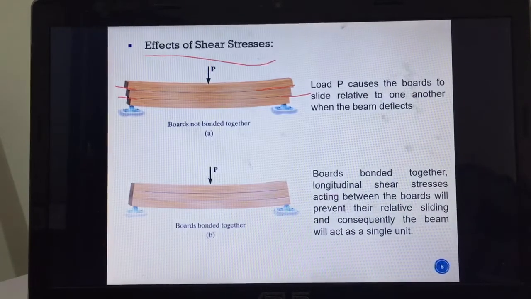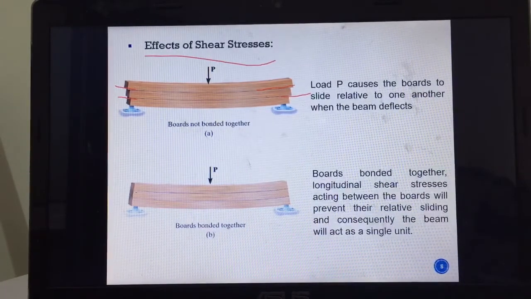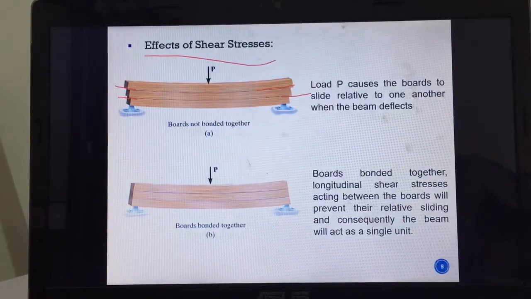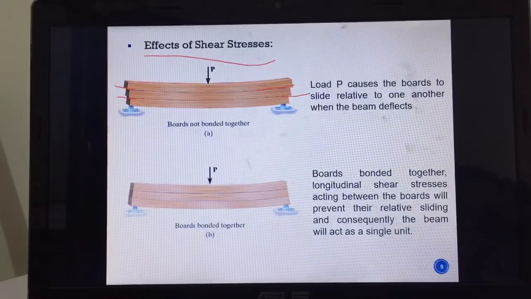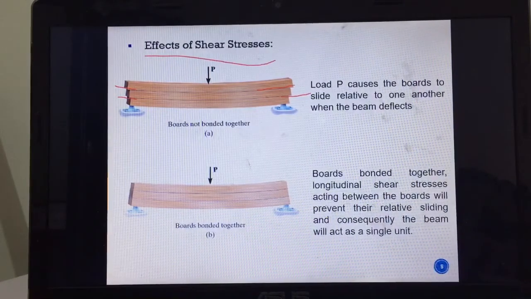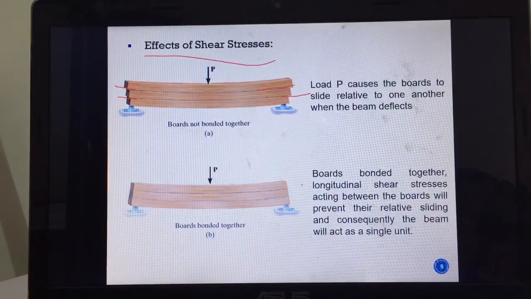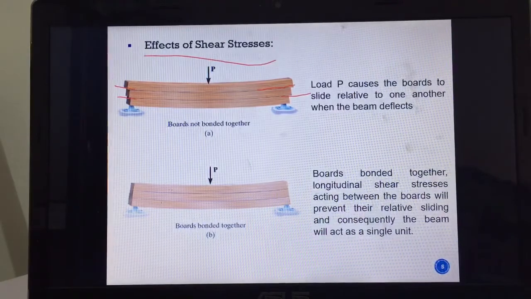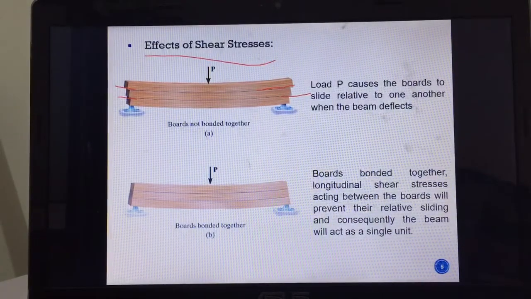On the other hand, if you bond them together, for instance, you use glue or nails or whatever, and you apply the transverse load P, what will happen is that the glue will prevent the relative sliding between the boards, right?